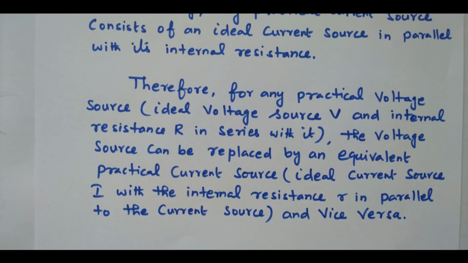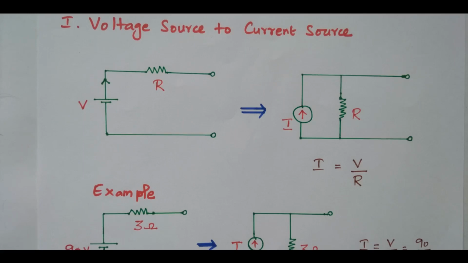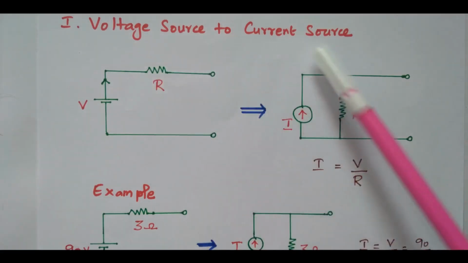So a voltage source in series with the internal resistance can be converted into a current source in parallel with the internal resistance, and vice versa is possible, right? So we need to remember that the internal resistor is connected in series with the voltage source and in parallel with the current source. Based on that, we can go for the transformation. First we will see the voltage source to current source.